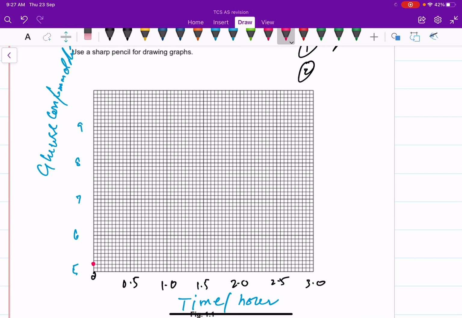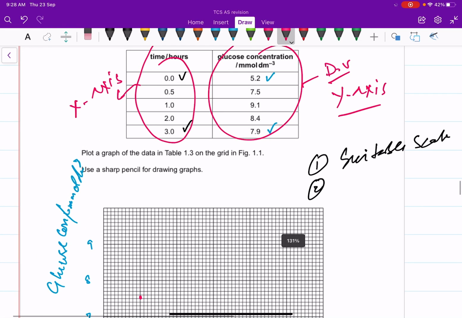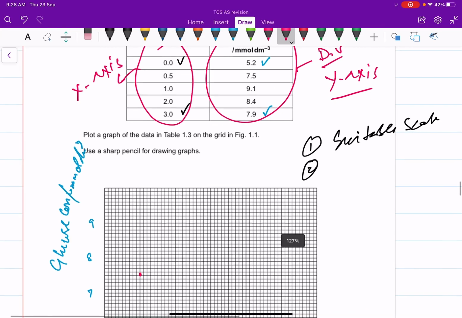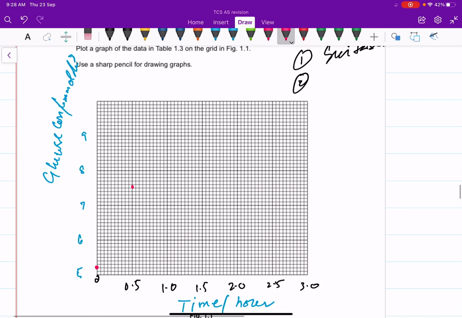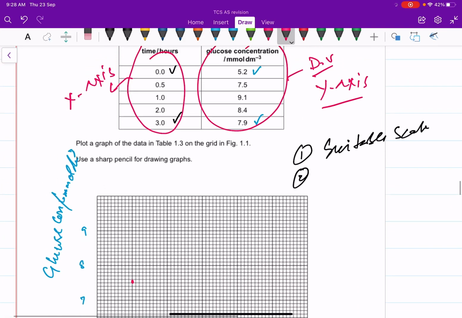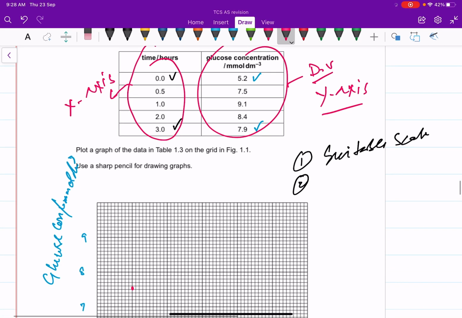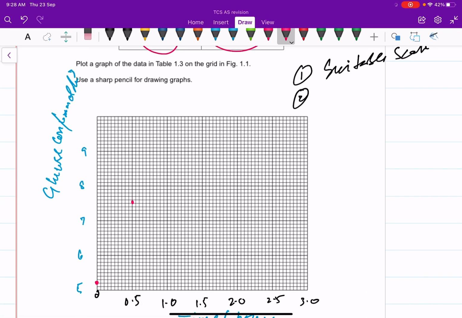So it is 7, and one value is, so that is somewhere here. Okay, and then at 1 hour it is 9.1. So 1 hour, 9.1, that should be here.